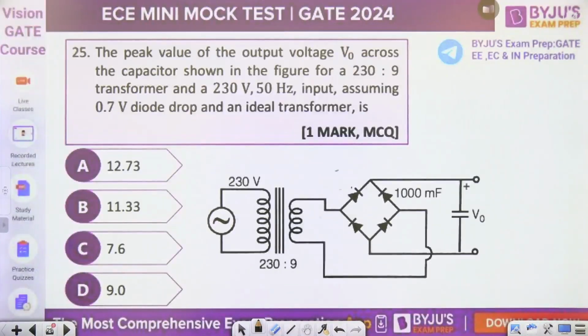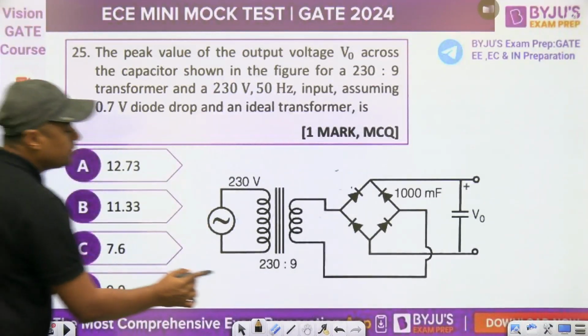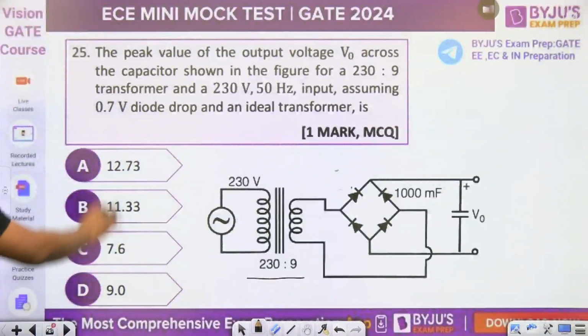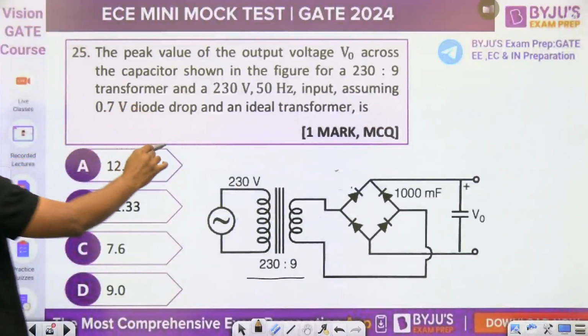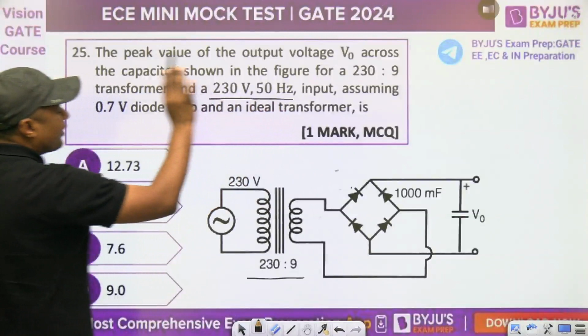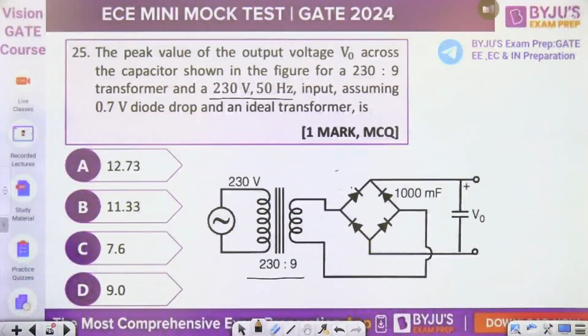Now questions from analog. Next 6 questions from analog, guys. First question: the peak value of the output voltage V0 across the capacitor shown in the figure, for a 230:9 turn ratio of the transformer and a 230 volt 50 hertz input, assuming 0.7 volt diode drop, means these diodes are practical diodes, in a bridge rectifier with capacitor filter.